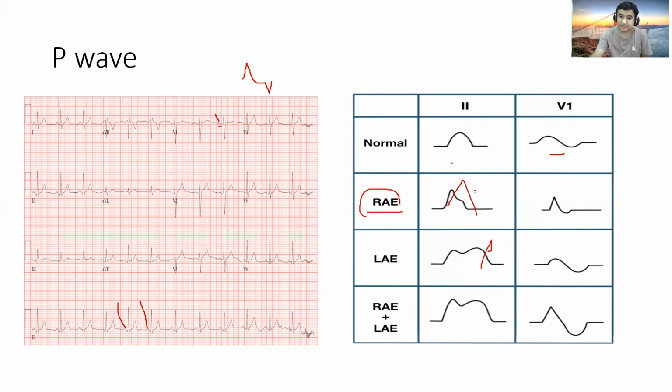If the amplitude of this peaked wave is more than 2.5 mm or 0.25 millivolt, we can say there is a right atrial enlargement. This is also called P pulmonale. So if the amplitude of the P wave in lead 2 is more than 2.5 mm or 0.25 millivolt, then we can say right atrial enlargement.